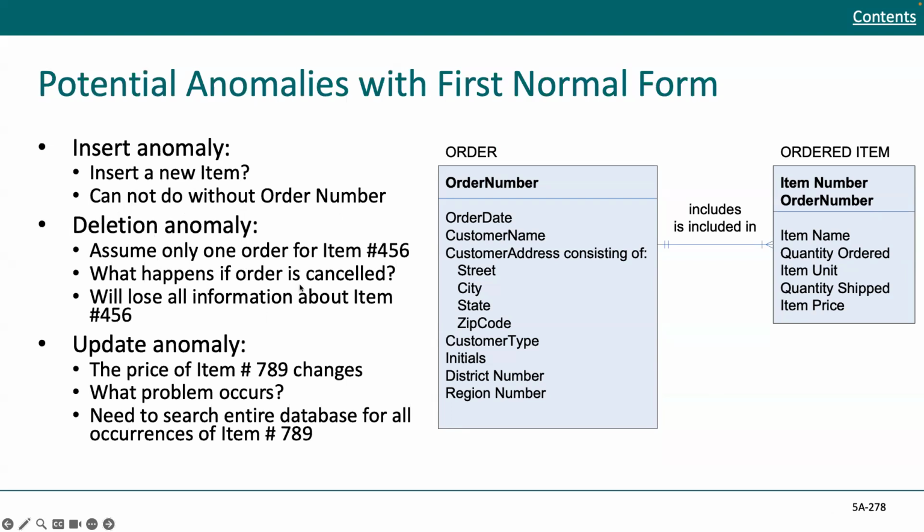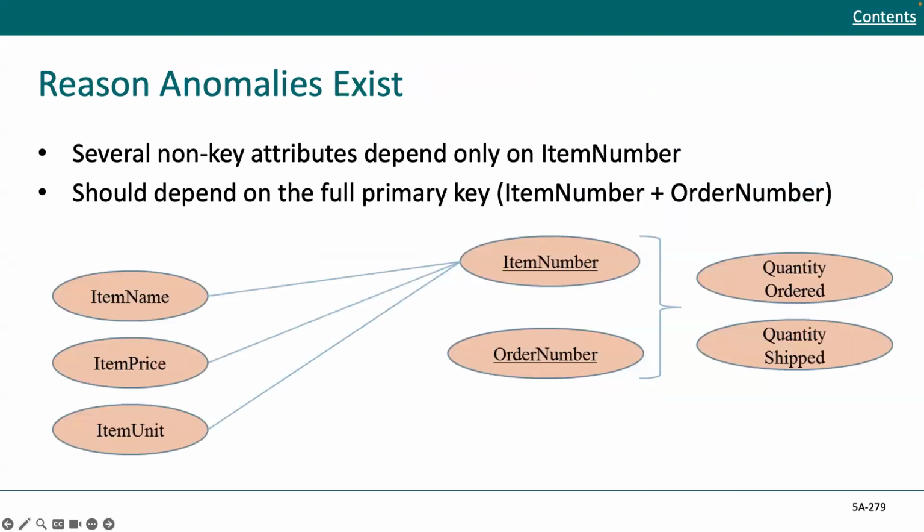What happens if the order is canceled? Will we lose all the information about item 456? And finally, update anomaly. The price of item 789 changes. What problems occur? We need to search the entire database for all occurrences of item 789. So this just gives you some perspective that we want to be thinking about.